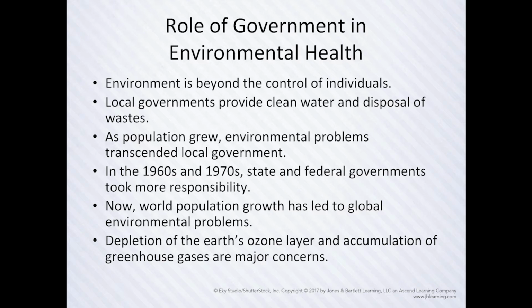So in the 1960s and 70s, we had state and federal governments take more responsibility into these items of concern. Now we've got a huge world population growth problem that has led to additional environmental problems.